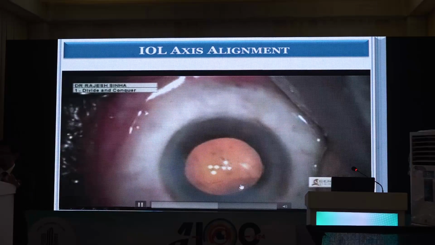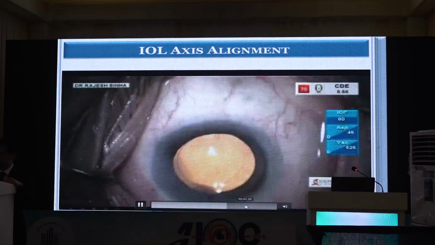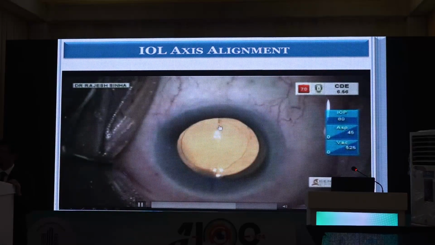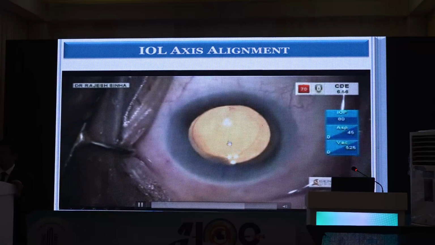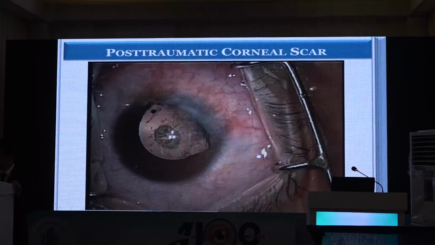So there can be various positions of axis where you can place it, and as you can see here, once again it's a little faint, but the mark is here, and these are the dots on the lens.